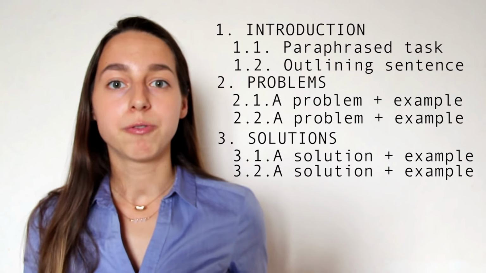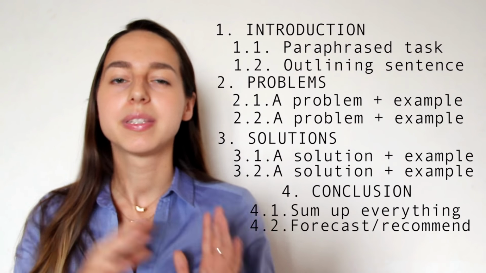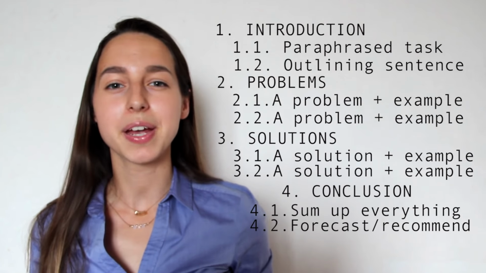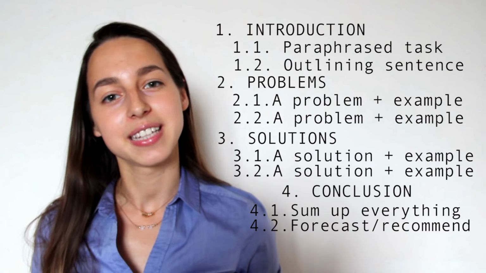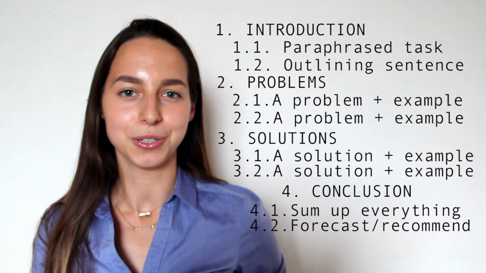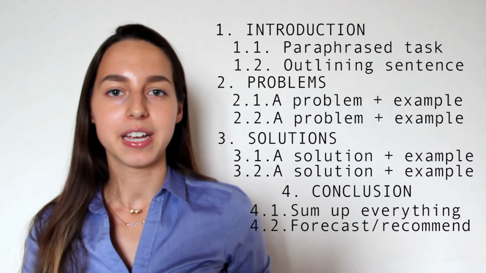And the last paragraph is for the conclusion, where you will conclude the problems and solutions that you have presented, and also give a forecast or maybe a recommendation for the future, which is amazing actually, and you can use that tip in basically every type of Task 2 essay, because it concludes perfectly everything that you have written. Great. Now let's move on.